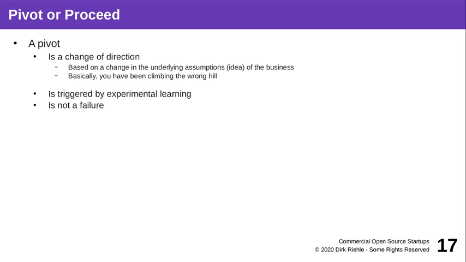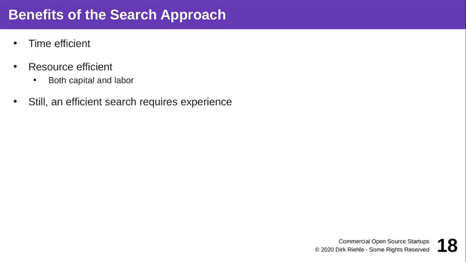The key is to understand that this is likely to happen at some point in time. And while you might think it's a failure, in the end it's not, because you really learned something important. Of course, if all you ever do is pivot and you never find anything, then you're obviously in the wrong place. But change of direction because of real learning is not a bad thing, rather it's a good thing.